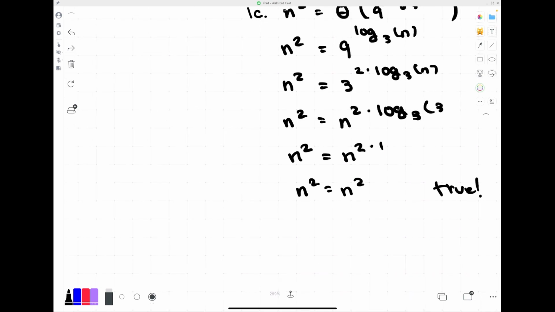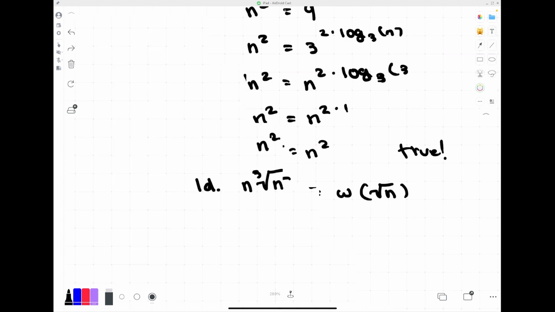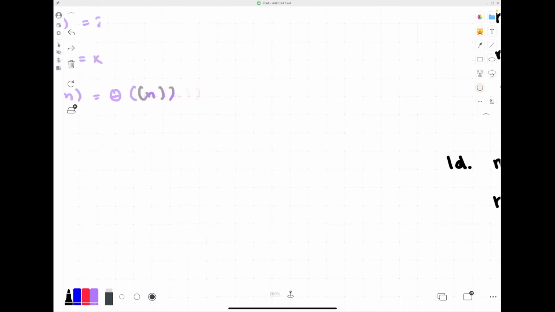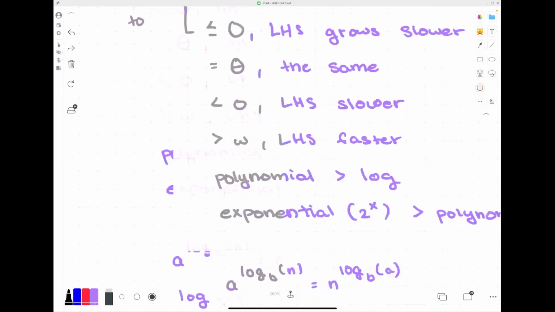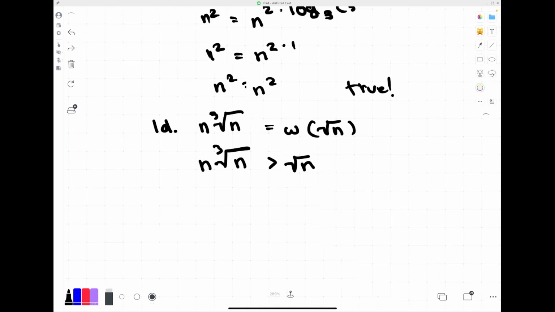So this is true. Okay, so now we can do 1d, which is n cube root of n is equal to small omega square root of n. So we can write our equation out. What's little omega, which is greater than square root of n?